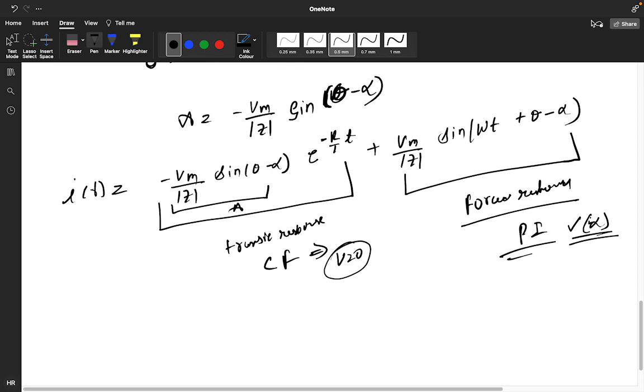Now in an exam, if they ask you, you have an AC circuit and you want to make it a transient free response, how will it be possible?